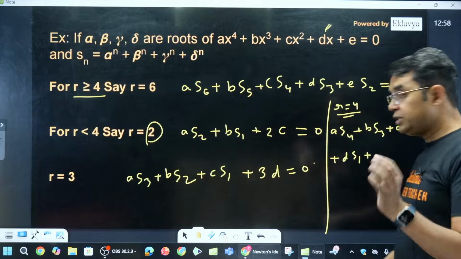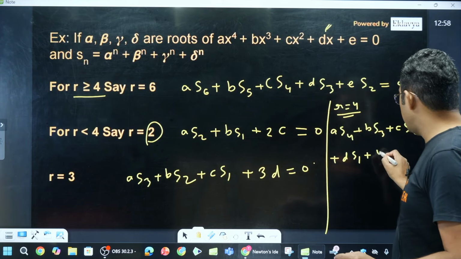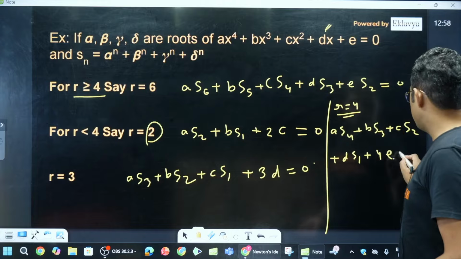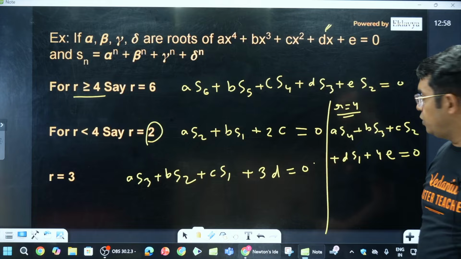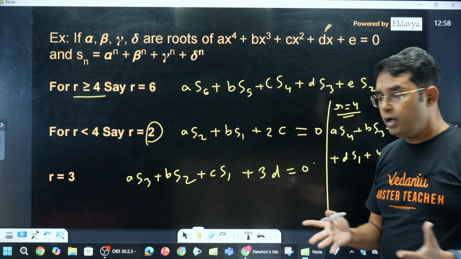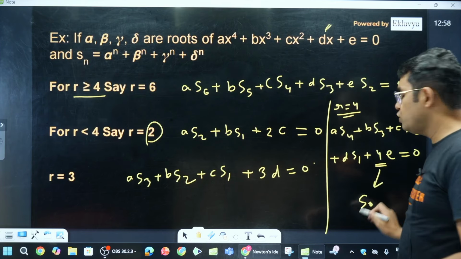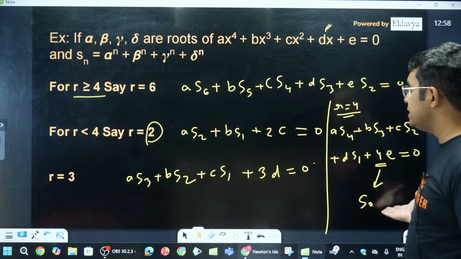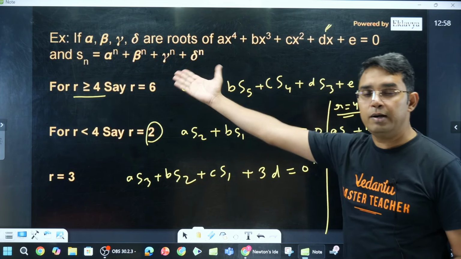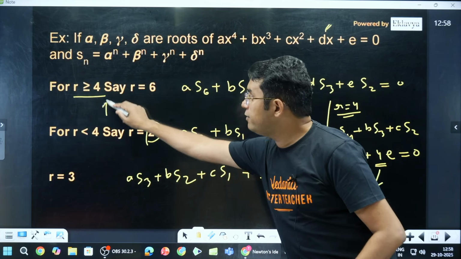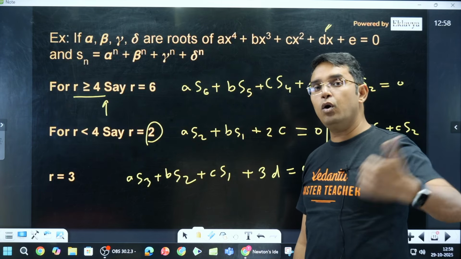As I said, instead of S0 we will be writing the value of R, that is 4, and then the coefficient that should come, so 4E equal to 0. When R is equal to 4, actually you can think of this 4 also as S0. There is no problem considering this as S0, because S0 will be 1 plus 1 plus 1 plus 1, 4 times. So for this case we have included R greater than or equal to 4.